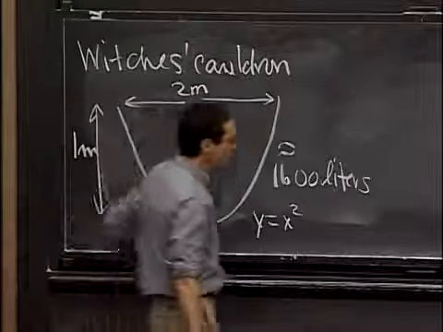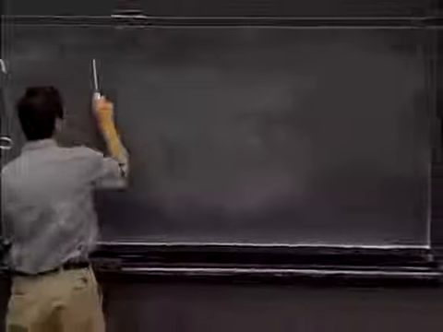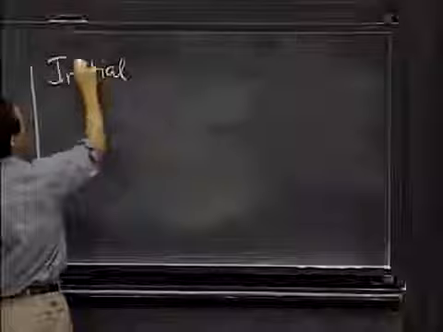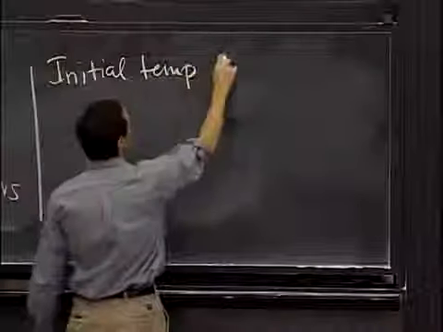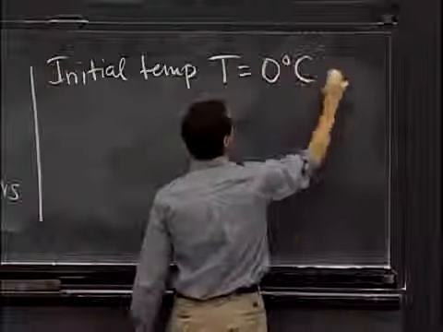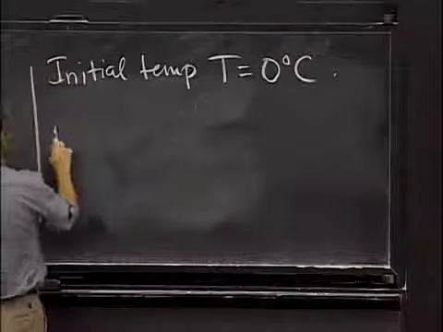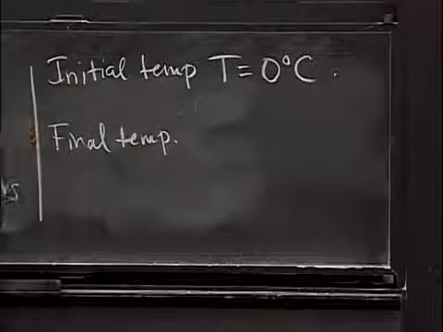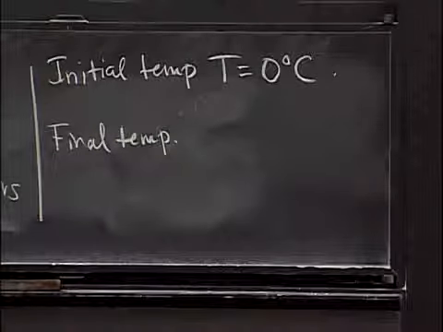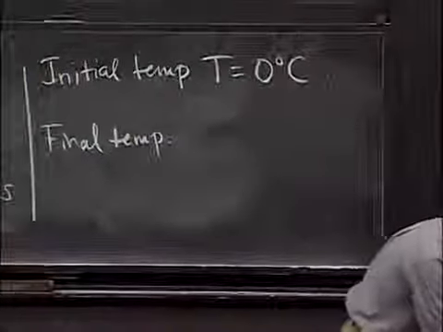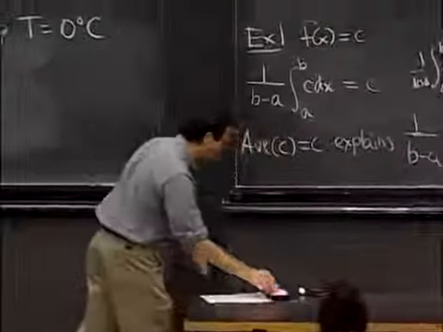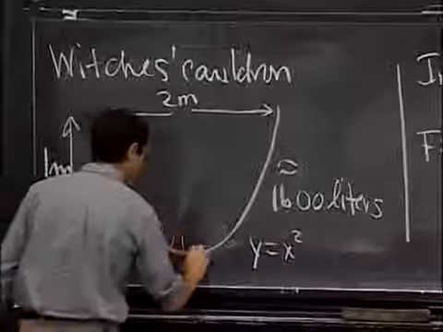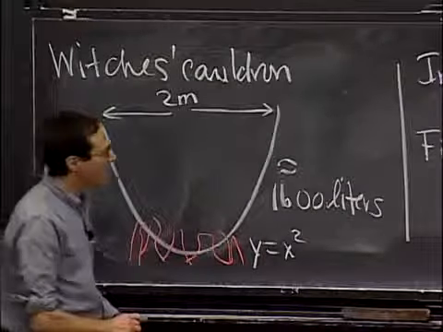And the situation that I described at the end of last time was that the initial temperature was T equals 0 degrees Celsius, and the final temperature, instead of being a constant temperature, we were heating this guy up from the bottom, and it was hotter on the bottom than on the top.